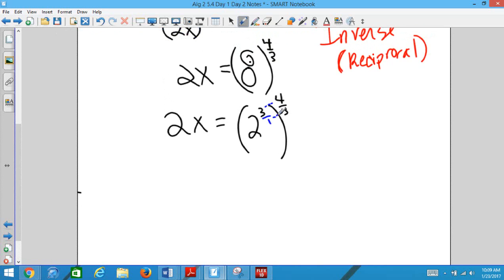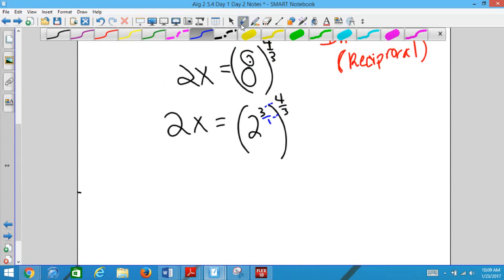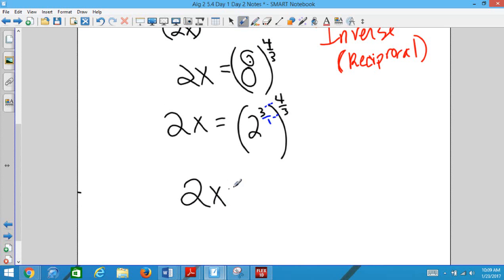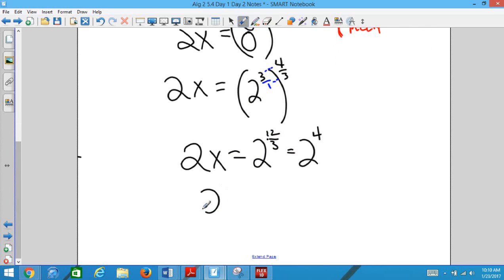You go straight across when you multiply your exponents. So we get 2x equals 2 to the 12 thirds, which is 2 to the 4, which is 16. So x is 8.